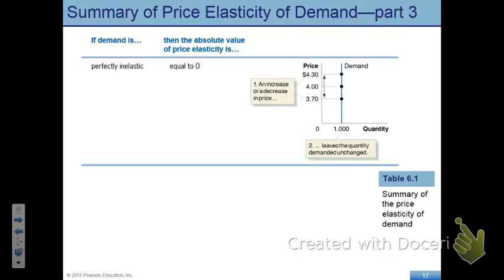Because when they know that regardless of what price they charge, our buyers are going to buy the same quantity, meaning that our buyers are completely irresponsive to changes in price, these are the goods for which firms can make a lot of profit. And the profit will come from the large amount of revenue that they can generate.